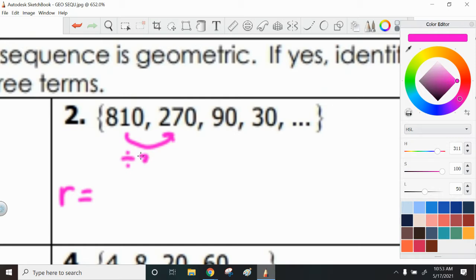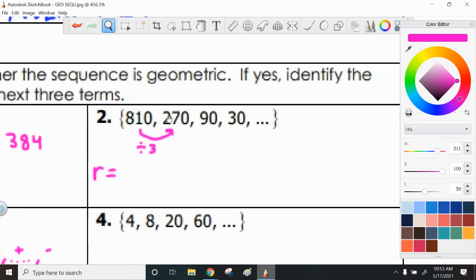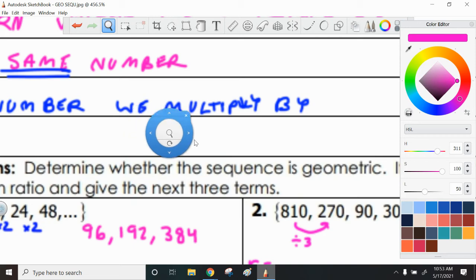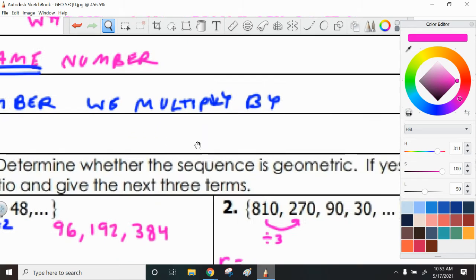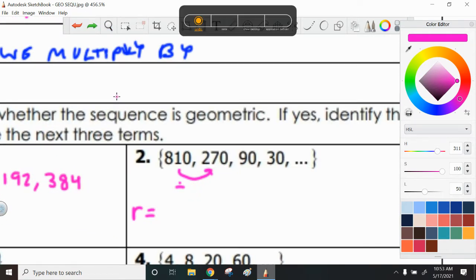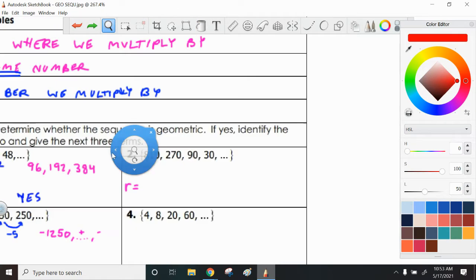Now, here's the thing. The ratio is what we are multiplying by. So we can't put divide by 3 as a ratio. So let's do this strategy.